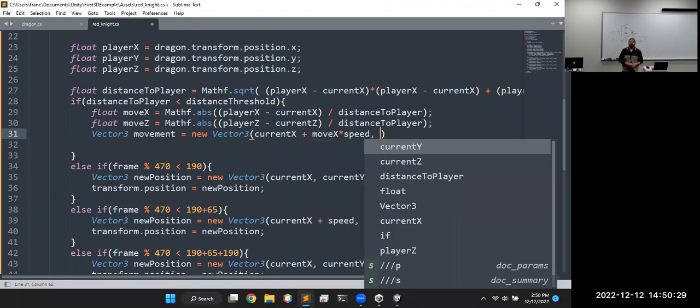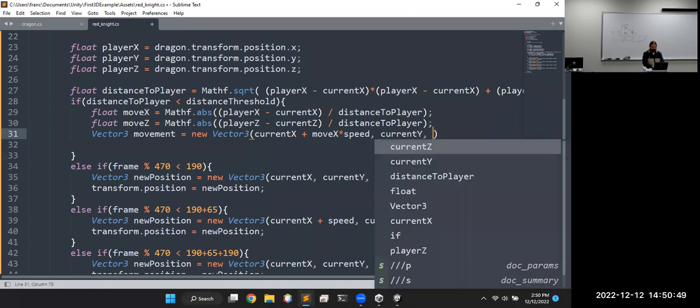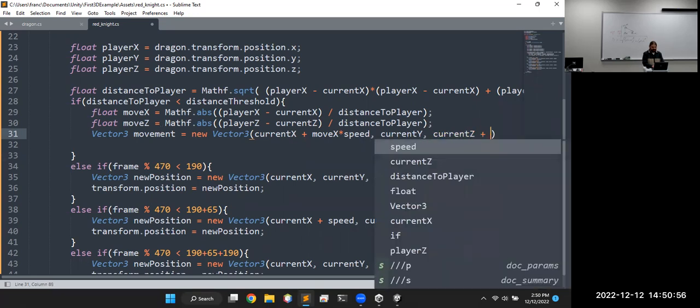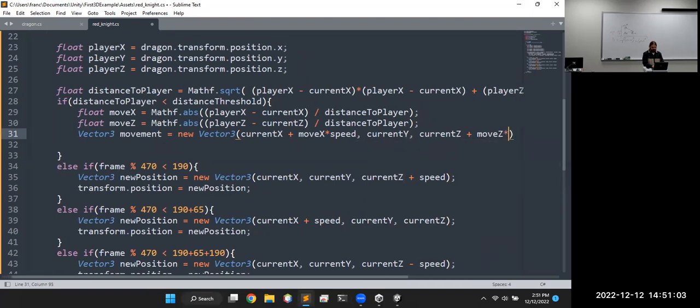So just like move X is taking the place of our key press from the player controlled movement. It gives us a number somewhere between 0 and 1, and then we multiply that by our speed to know how much we're actually moving in that direction. Our current Y stays the same because we're not jumping or anything. And our current Z is going to be that plus move Z times speed.